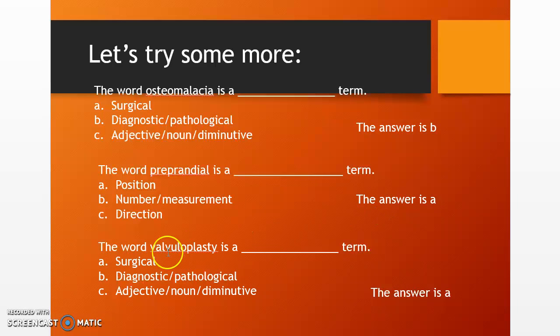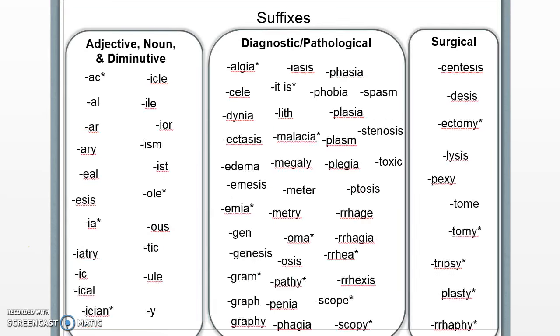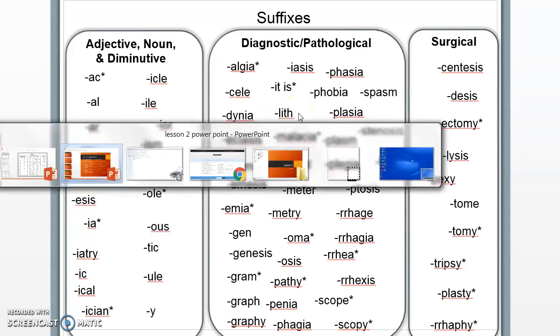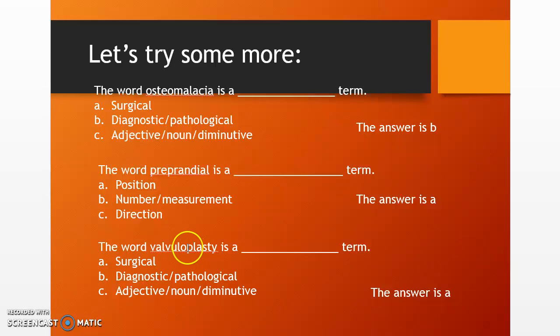Answer is A. Here we go, word valvuloplasty. Again, is it surgical, diagnostic, or adjective? Again, if we refer back to our chart, we can clearly say they're asking us to look at the suffix and make a determination. We look at this, the valvuloplasty, plasty, the surgical suffix, so this is a surgical.